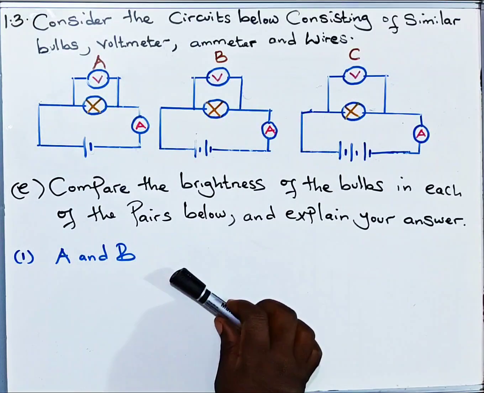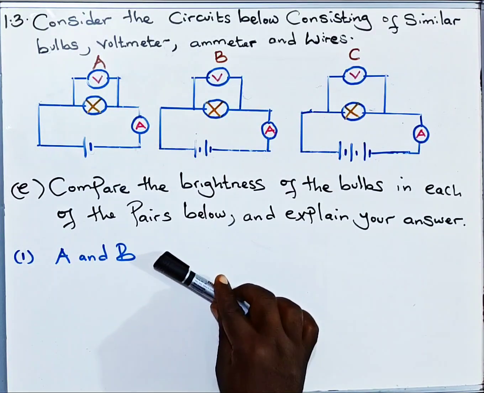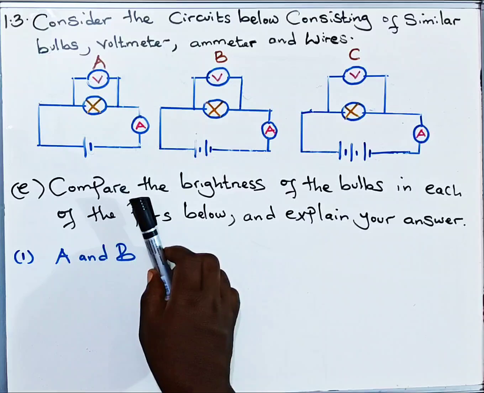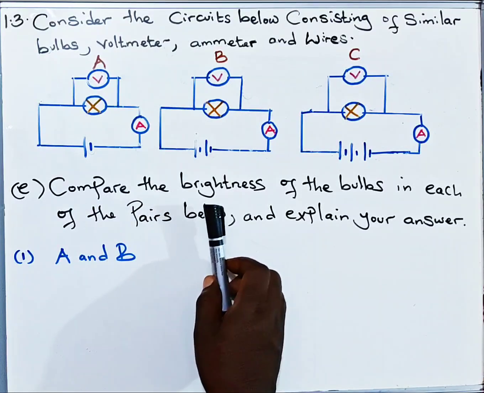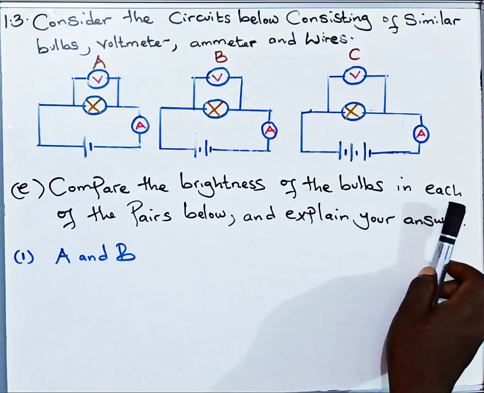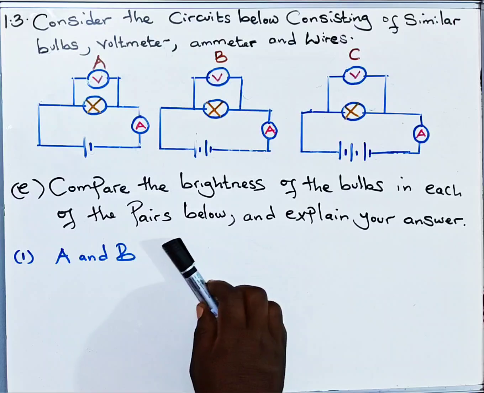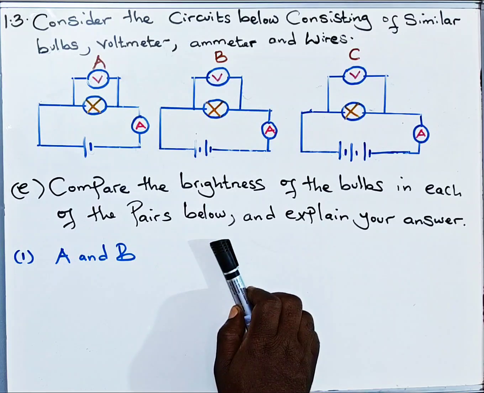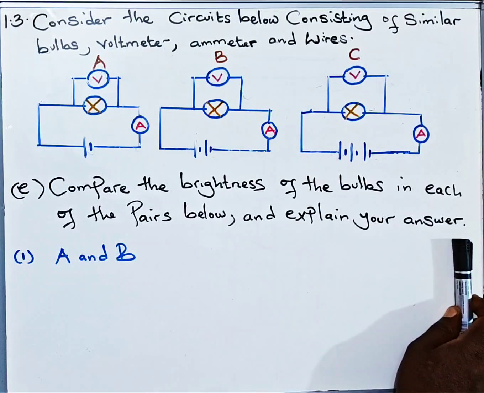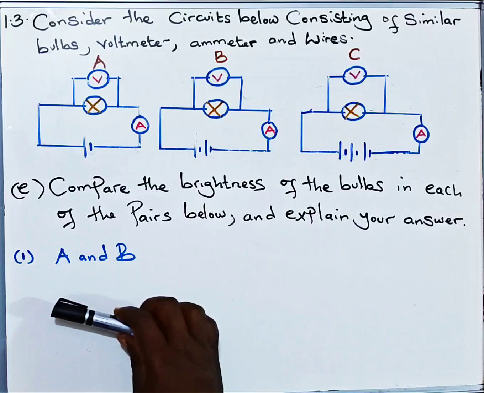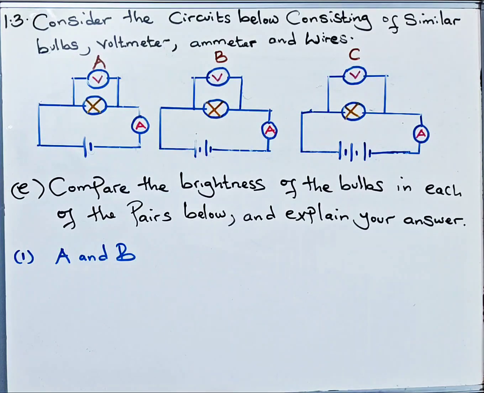Then we come to this case. It says, compare the brightness of the bulbs in each of the pairs below and explain your answer. The first one is between A and B. Which one is brighter?